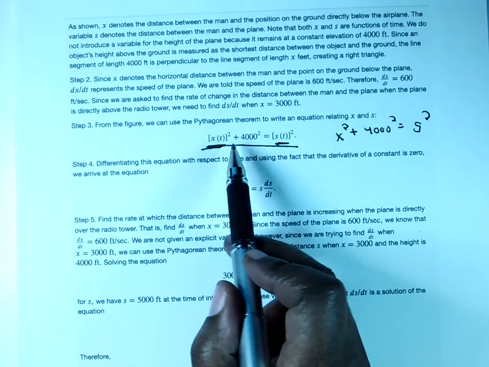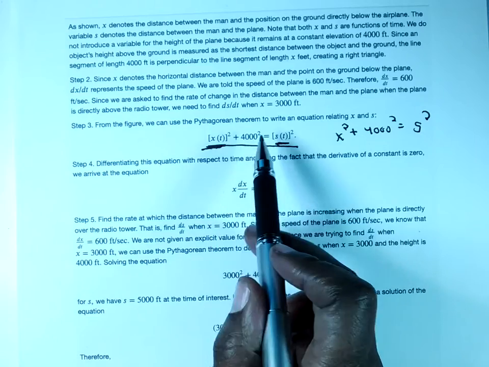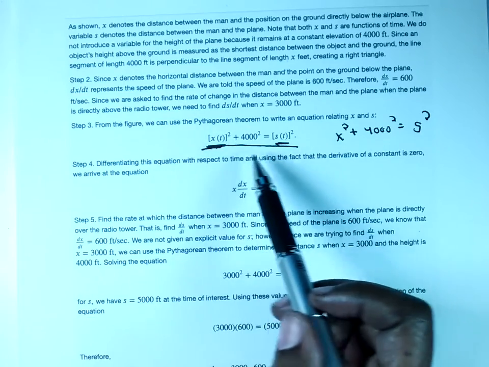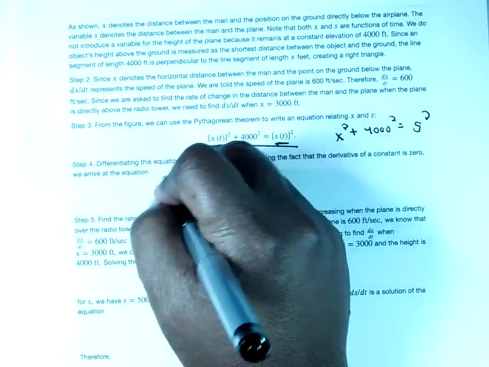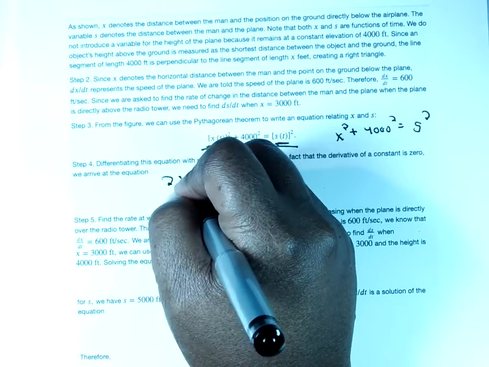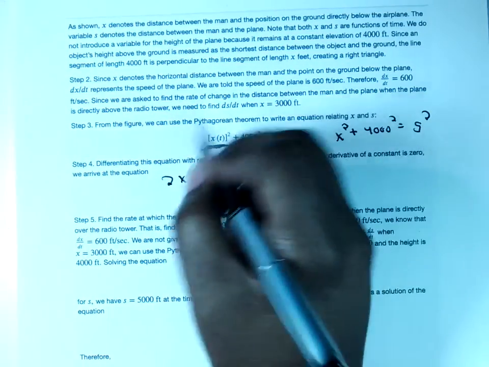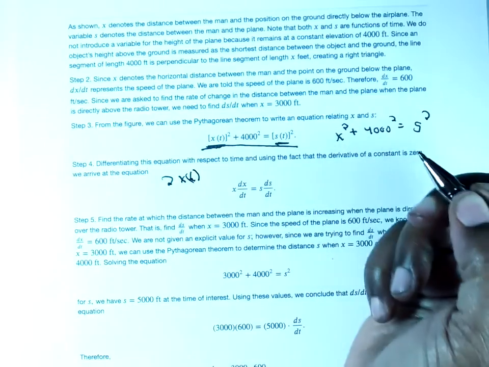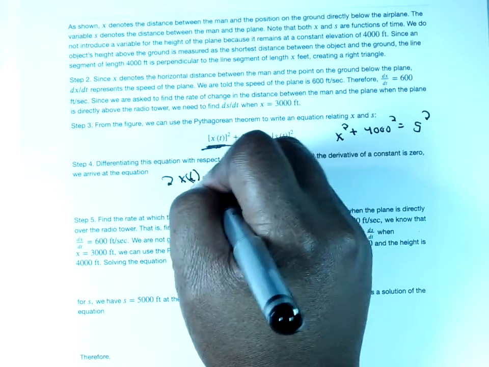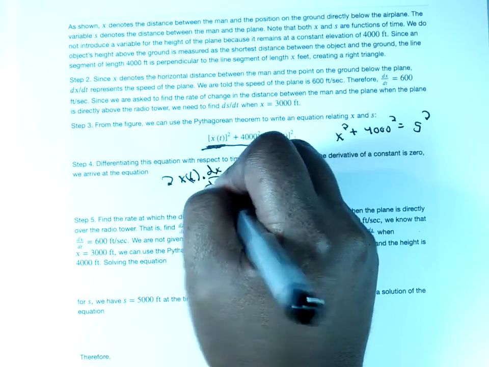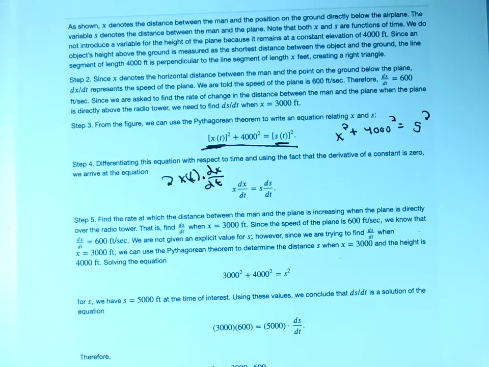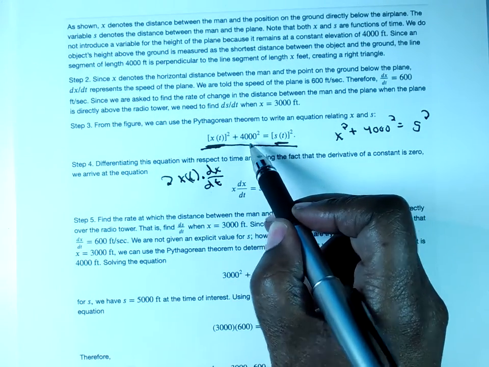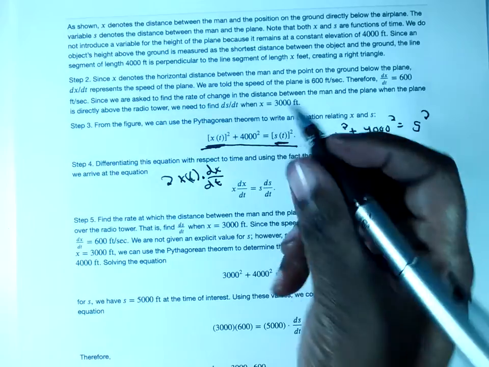So when you take the derivative of x of t squared, you bring the 2 out front, and then x of t to the first, and then times dx dt. When you take the derivative of 4,000, that's just 0 because it's a constant.